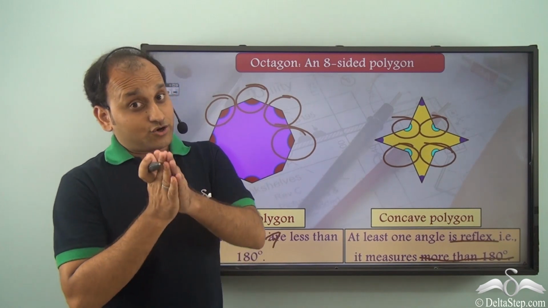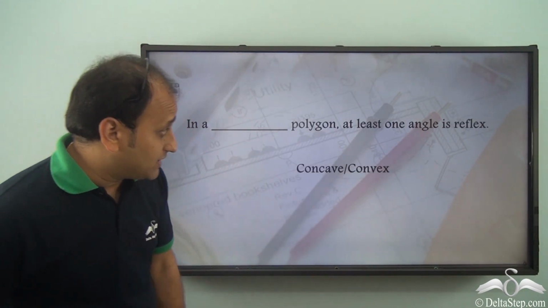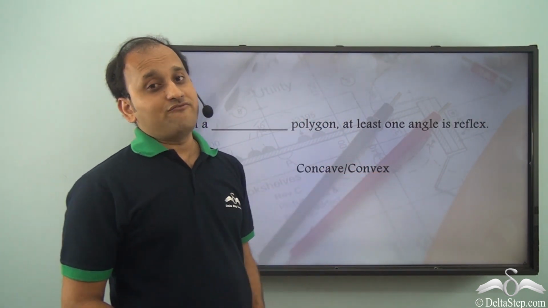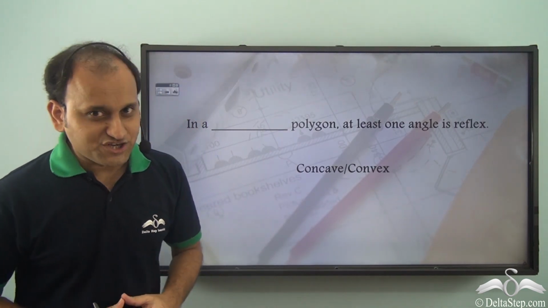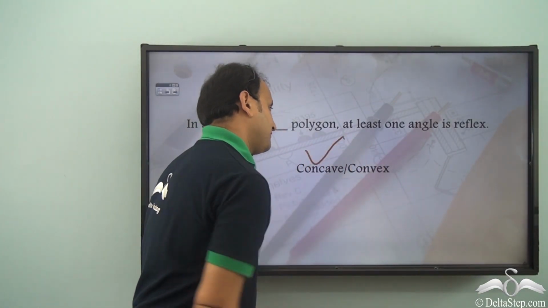Now, what are the other ways in which we can identify a convex or a concave polygon? Now, can you answer a question on this? In a dash polygon, at least one angle is reflex: concave or convex? Can you answer this question? Well, the answer is concave.